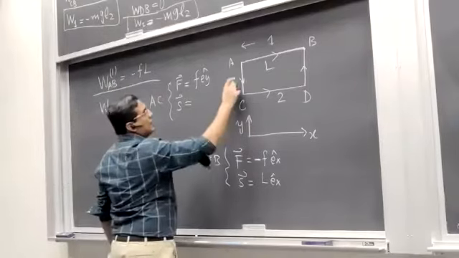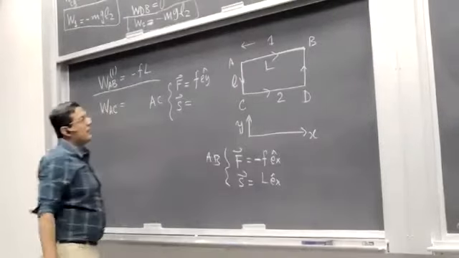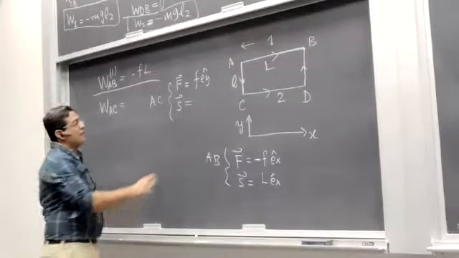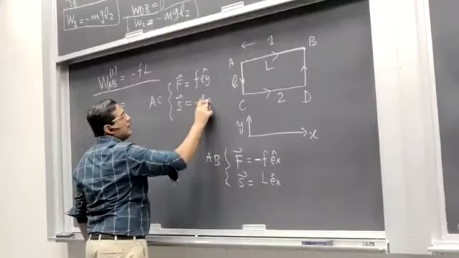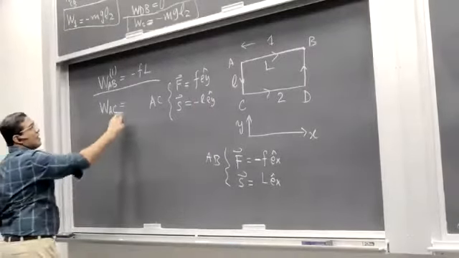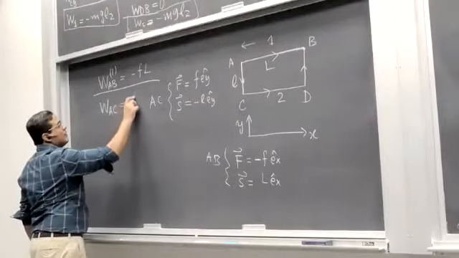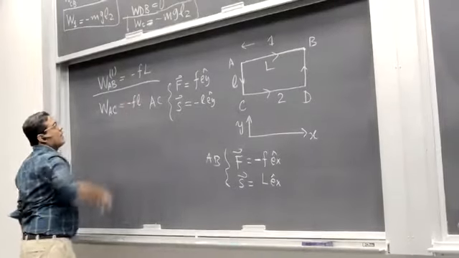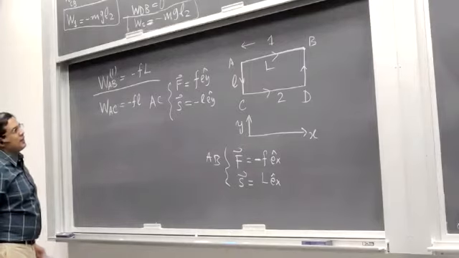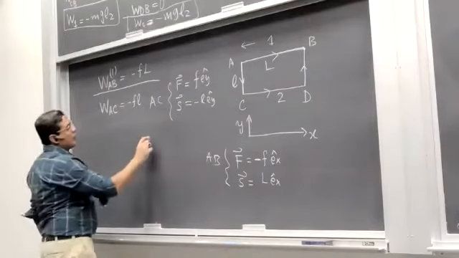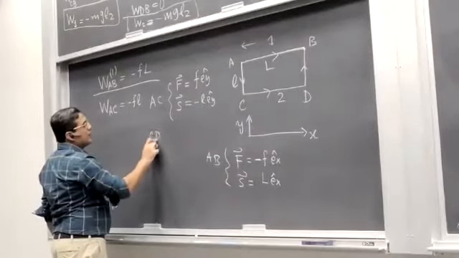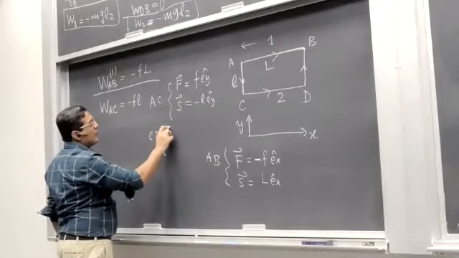Let's call this small l, the width. So negative L EY. Minus L EY. All right, so what would be the work done then? Minus F small l. And how about the work done from C to D now? C to D. So what is the force now?